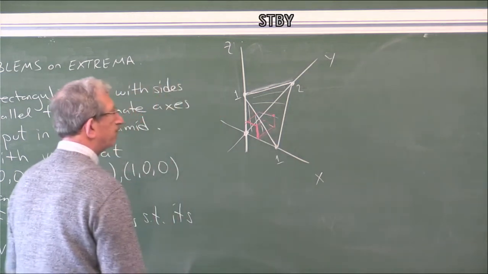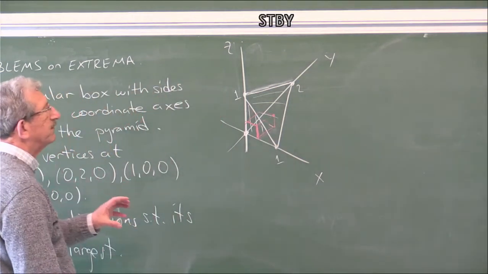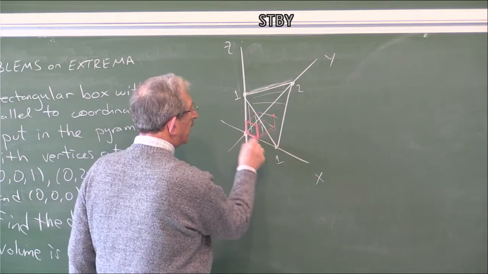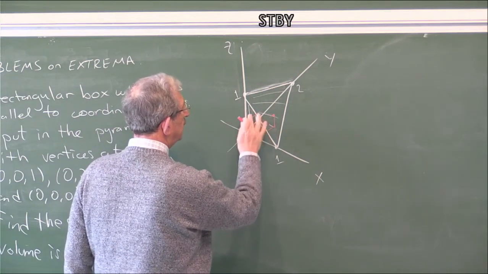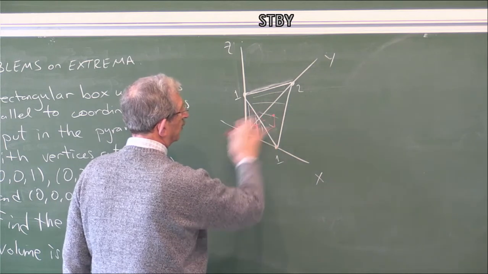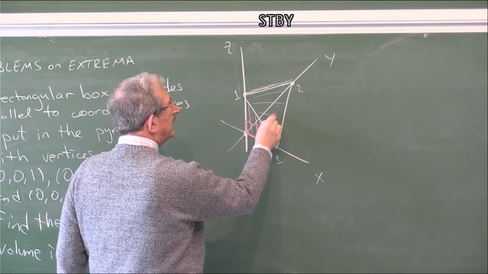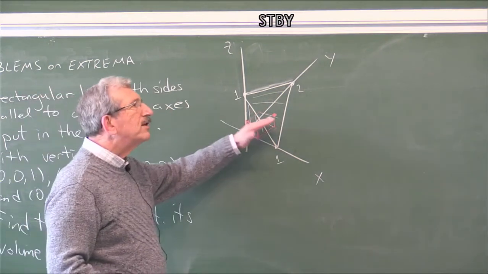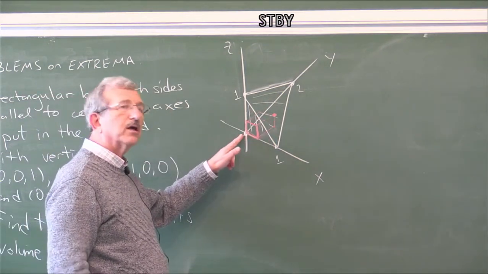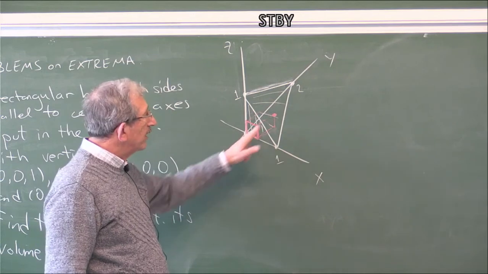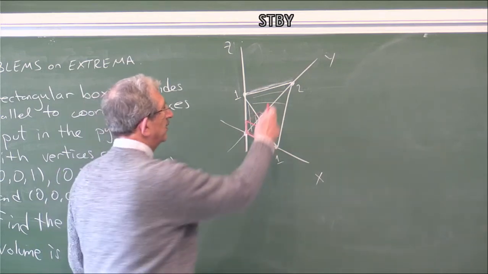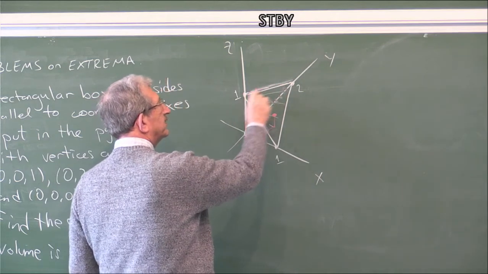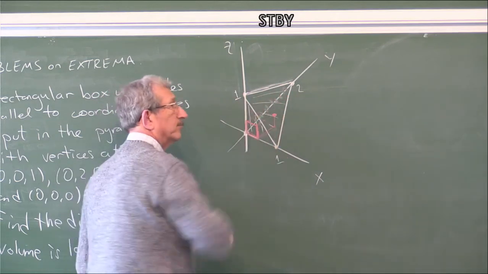Now, what happens, of course, is that in this rectangular box, we don't see these points, they're all inside. At some point, its diagonally opposite corner to the origin must touch this plane.